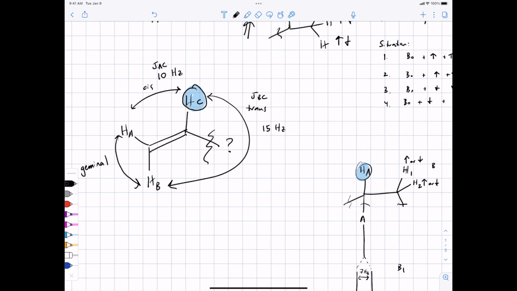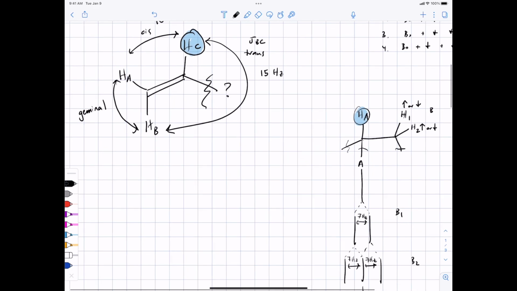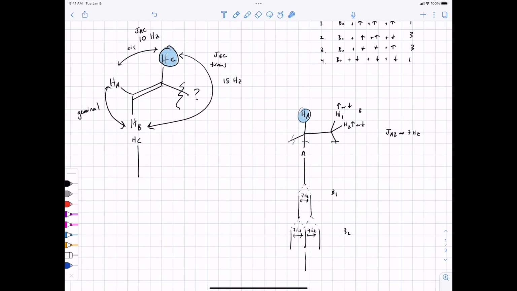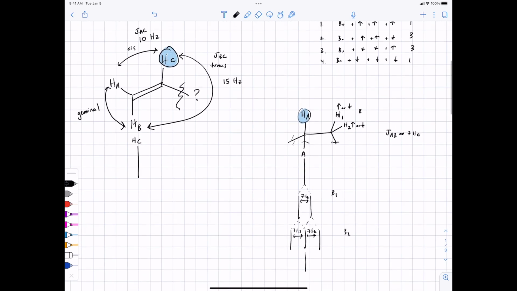Now let's go back to the issue of coupling constants. And let's imagine what we see for proton C, the peak for proton C, all right? And we're going to gradually, as we've done for the other molecule with the adjacent CH2 group, gradually turn on the adjacent couplings, okay? So let's first turn on JBC, which is the coupling constant between protons B and C, and it's worth about 15 hertz.